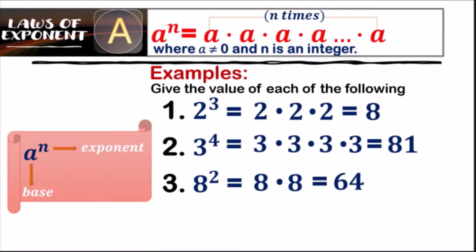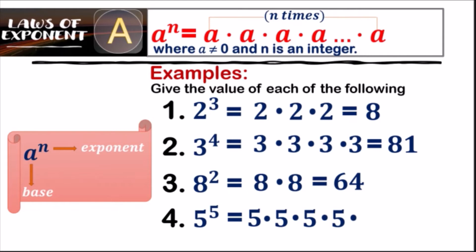How about our last example? 5 raised to 5. That means you are going to multiply the base 5, 5 times. That is 5 times 5 times 5 times 5 times 5, which is equal to 3,125.